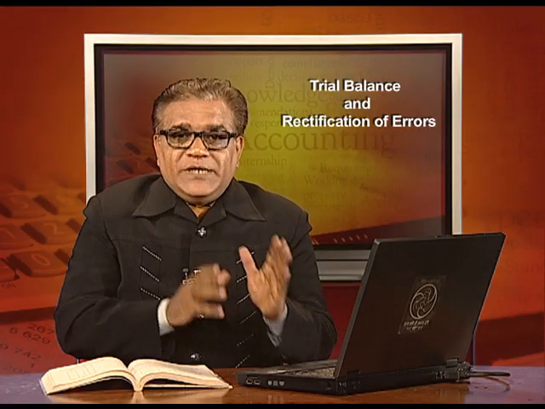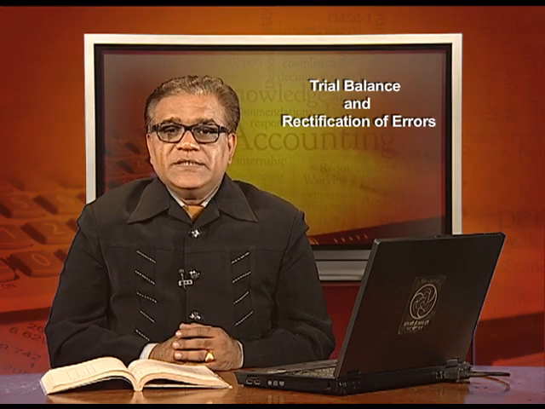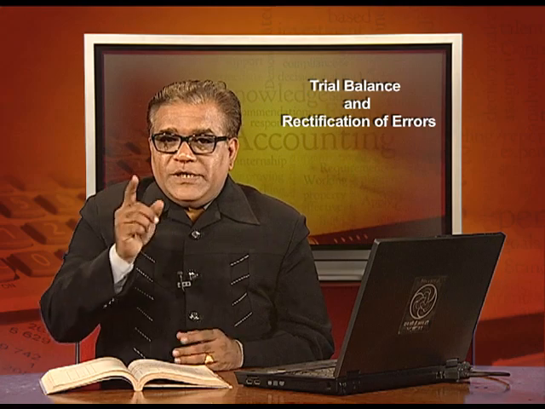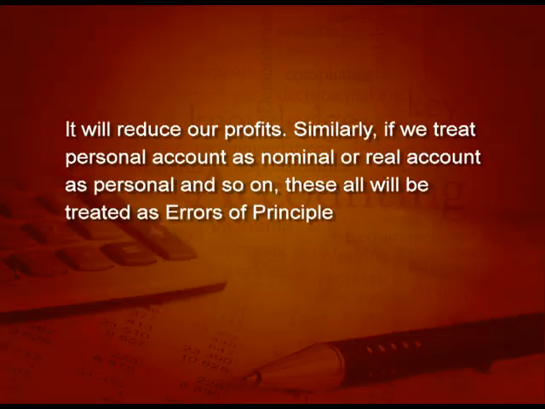It has to be taken as building account, but you have taken it as repair. So, building was a capital expense and you have wrongly treated it as revenue expense. So, it will reduce our profit also. Similarly, if we treat a personal account as nominal or a real account as personal and so on, all these will be treated as error of principle.